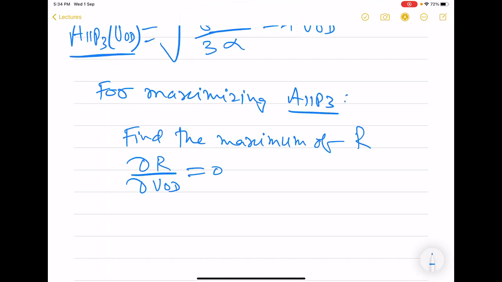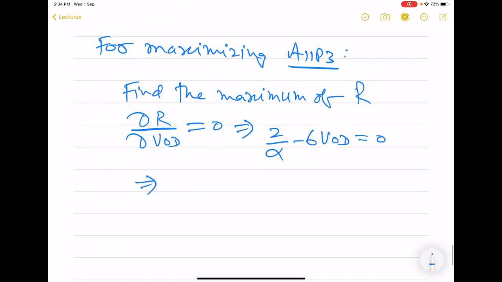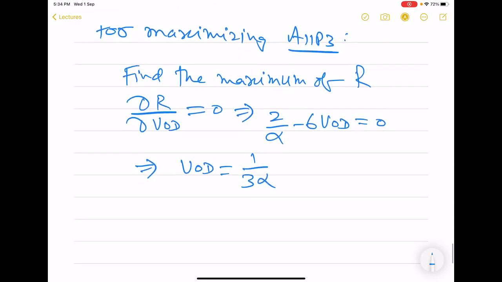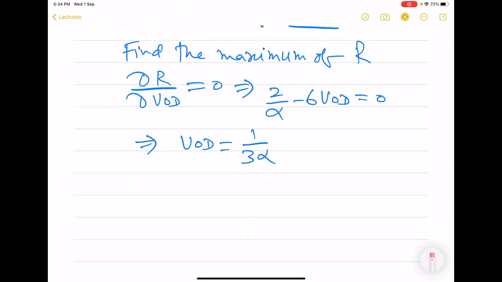So we need to solve this equation, which gives rise to 2 by alpha minus 6 VOD is equal to 0. So this gives VOD is equal to 1 by 3 alpha. So we just need to confirm whether this VOD value will give indeed the maximum value, not the minimum.